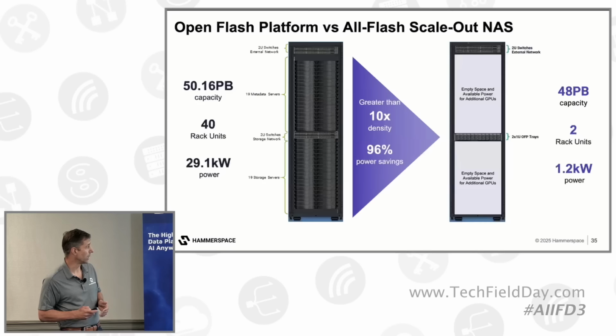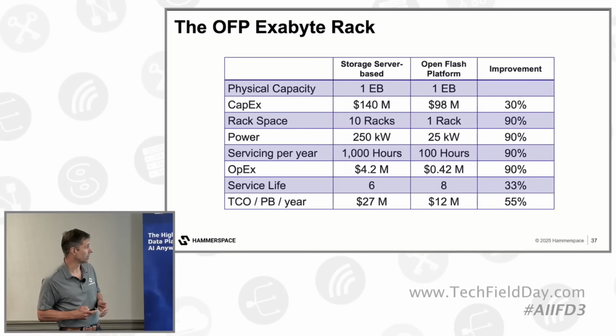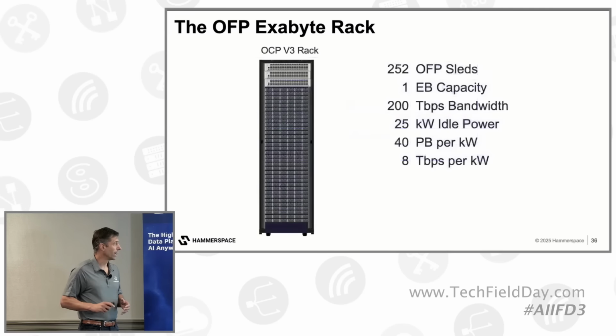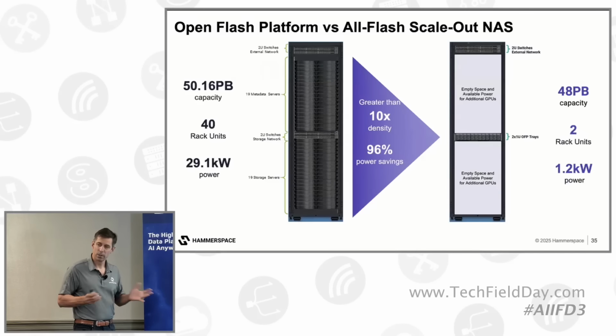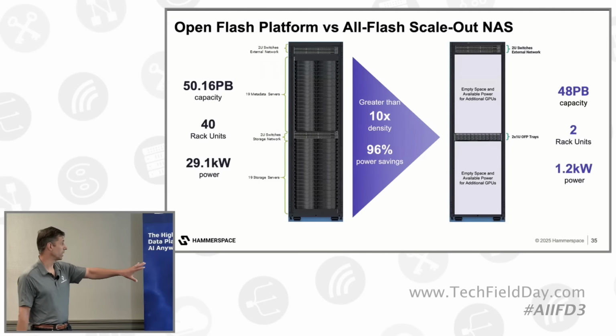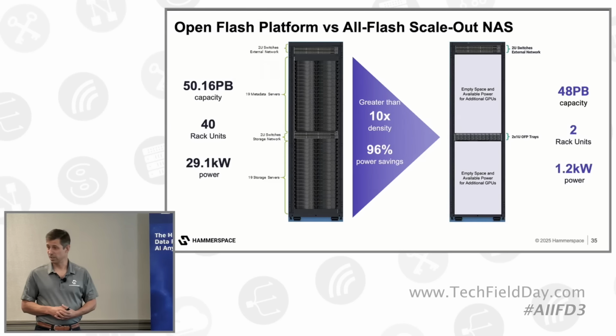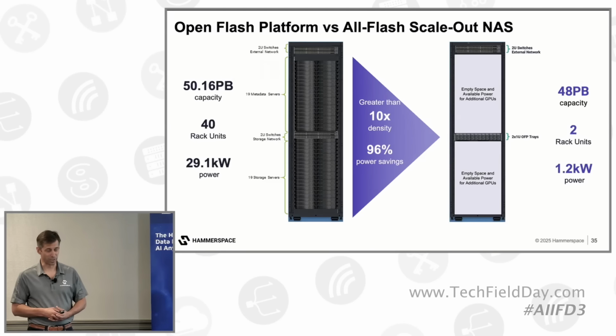And I'll do a pretty quick comparison here. Let me go back to it. So here's what we think of a modern system, actually using flash capacities that'll be available in early 2026.